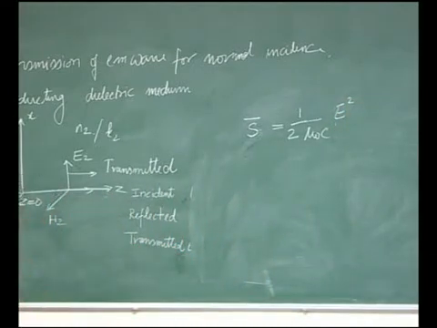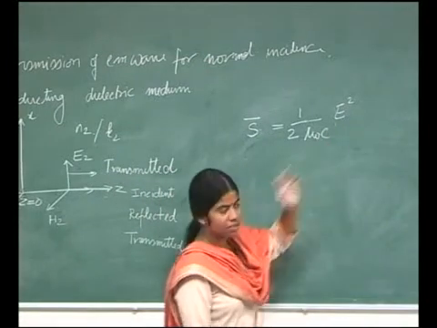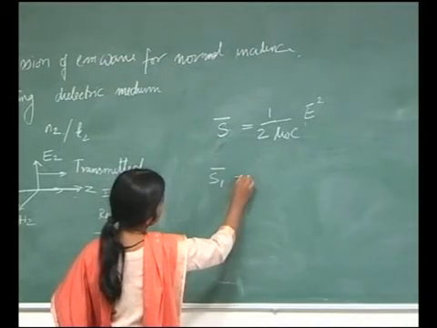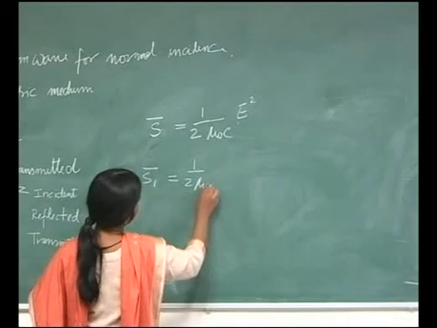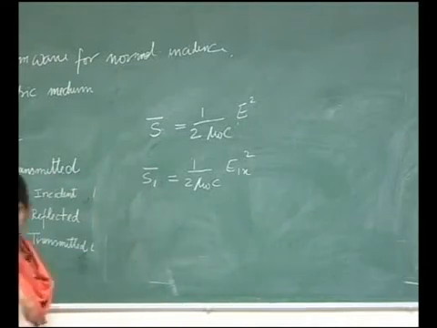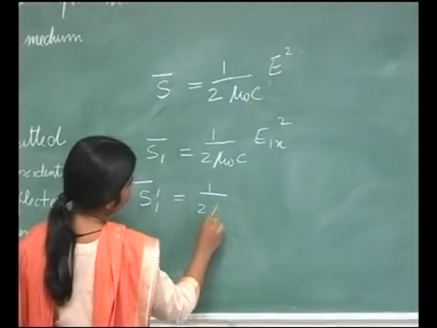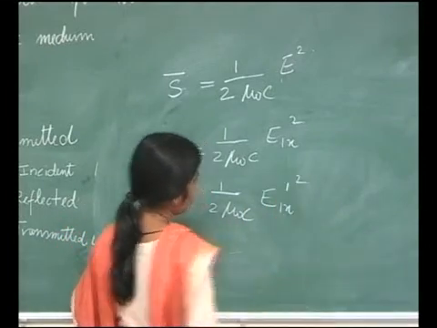It will be E cross B, but B can be represented as E by C. So, this comes as E square. So, I can write that S1 average is equal to 1 by 2 mu naught C E1x square, and S1' average is 1 by 2 mu naught C E1x' square.